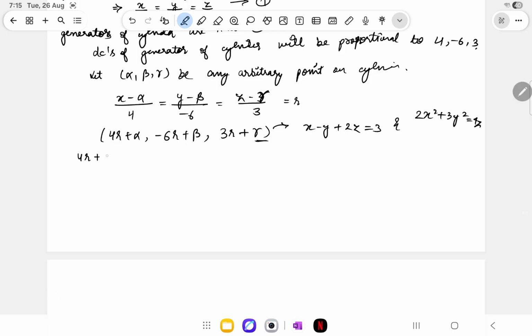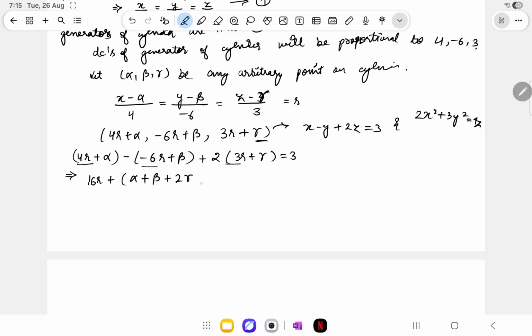So if we do so, we'll get (4r + alpha) minus (-6r + beta) plus 2 into (3r + gamma) equals 3. If I simplify it, I'll get 4r plus 6r plus 6r, that is 16r, plus alpha plus beta plus 2 gamma equals 3.